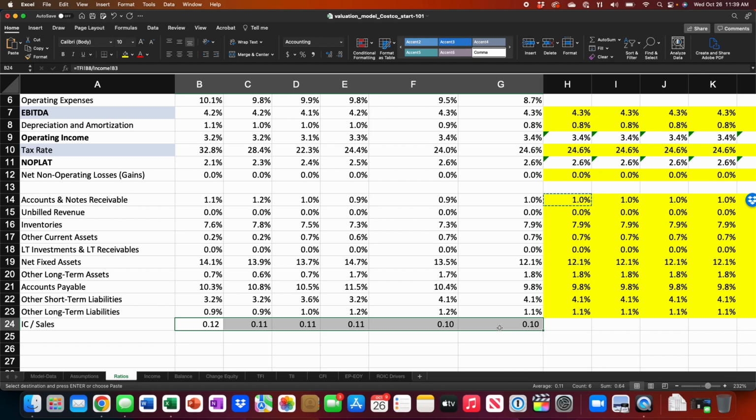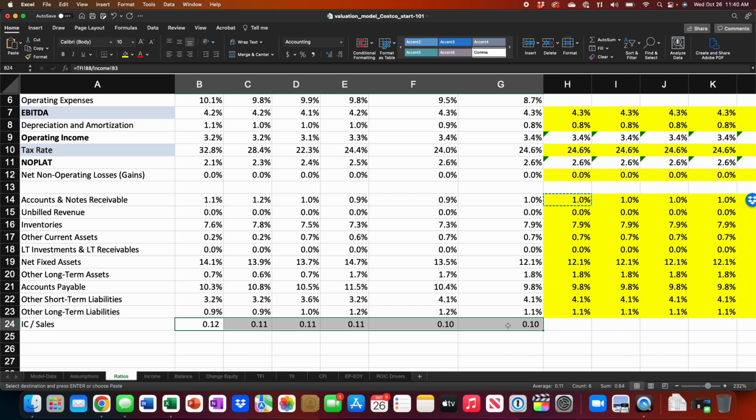So for example, if Costco is spending 10 to 11 cents a year on capital to sales, I don't want to change these balance sheet ratios so suddenly they're spending 30 cents of invested capital to sales. So it looks at the ratios above and just says, what is the invested capital to sales based on all that forecast? It just helps me be realistic when I am doing my forecast of a company. So it's one of my sanity checks.